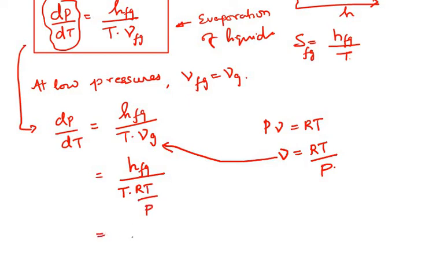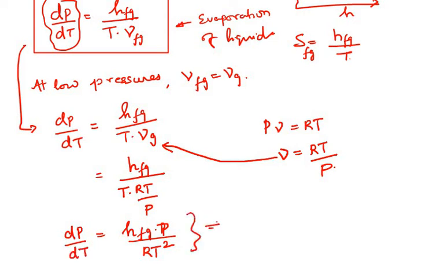This becomes hfg times P divided by RT squared, which is dP/dT.